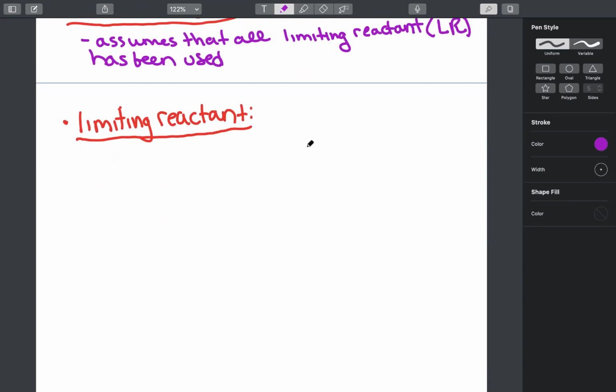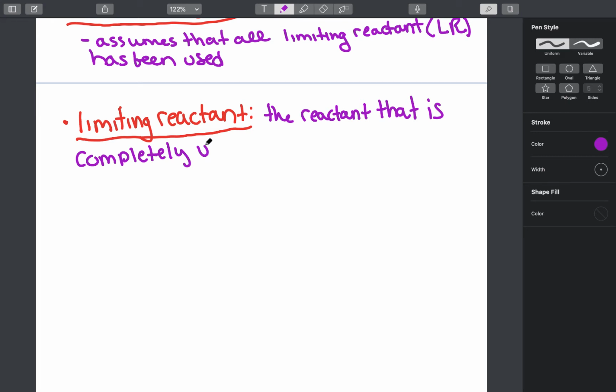So what is the limiting reactant? Well, the textbook definition of limiting reactant is the reactant that is completely used up in the reaction. So it's the reactant that is completely used up in the reaction.